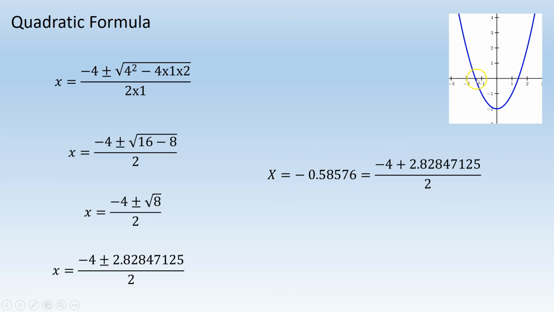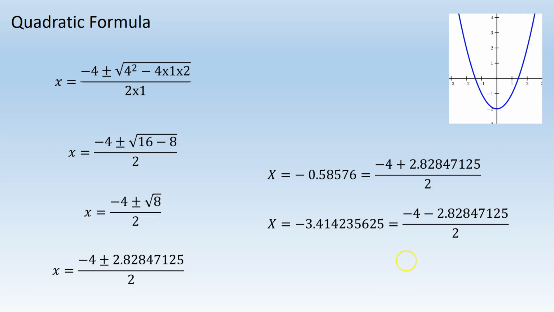And then we're going to do it again. This time we're going to do the next one as a negative, so it's -4 minus 2.8284725 divided by 2. And that should give us this value here. And that is our quadratic equation solved by using the formula.